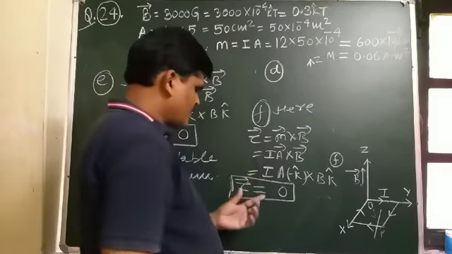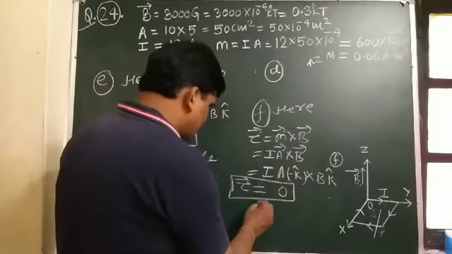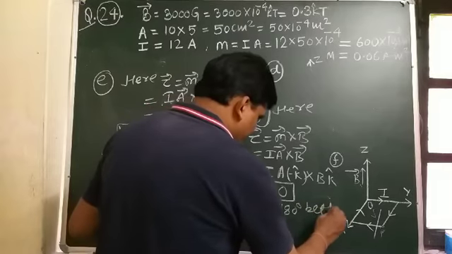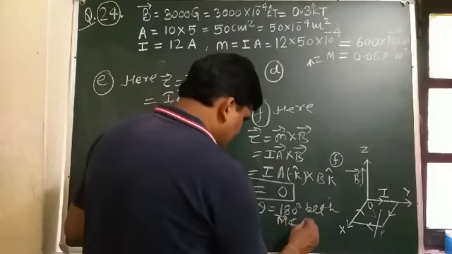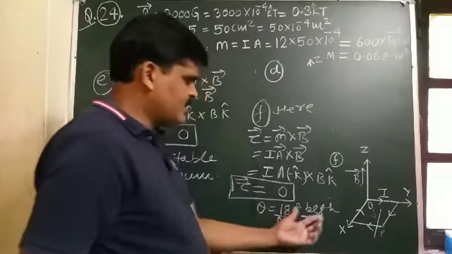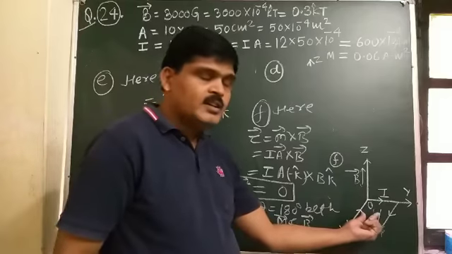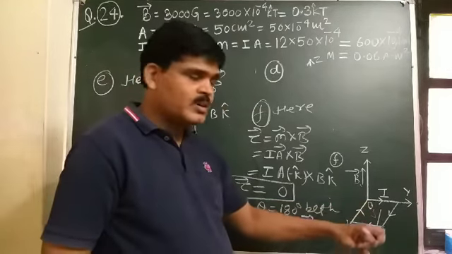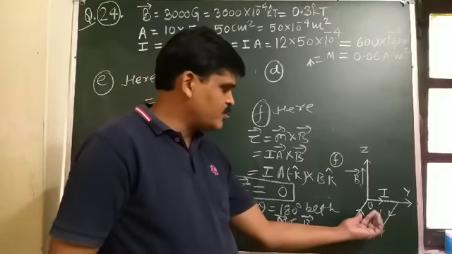So in this case, the angle theta between M and B is 180 degree. And in this case, if this loop is slightly displaced from its equilibrium condition, this loop does not regain or restore its original position.